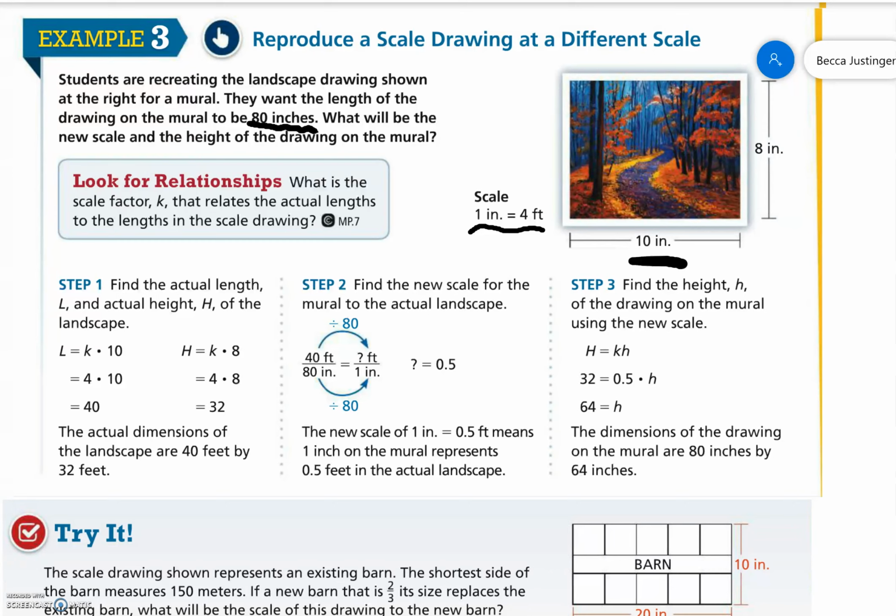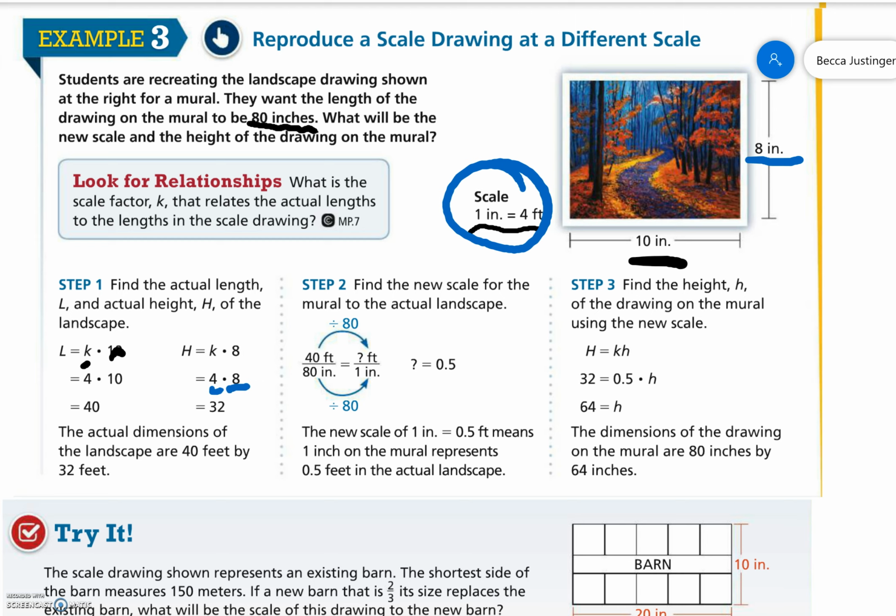First, we're going to find the actual length and the actual height of the landscape. So they're using length equals k times 10, and we know our scale is 4 from here. So 4 times 10 is 40, and then k is 4 again, times 8 is our height, and that's 32.